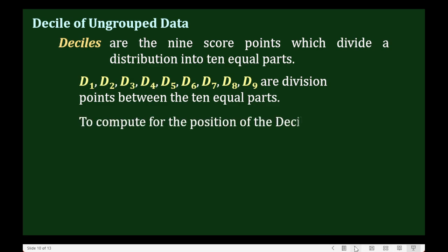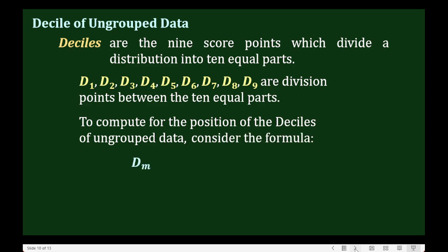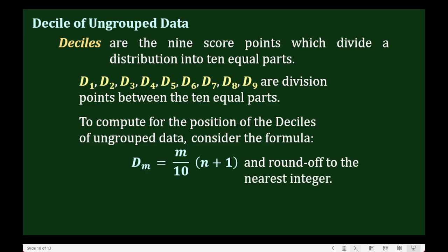Okay. To compute for the position of the deciles of ungrouped data, we use this formula. D sub m equals m over 10 times the quantity n plus 1. And we round off the result to the nearest integer or whole number.